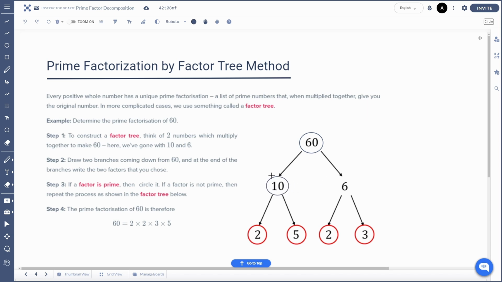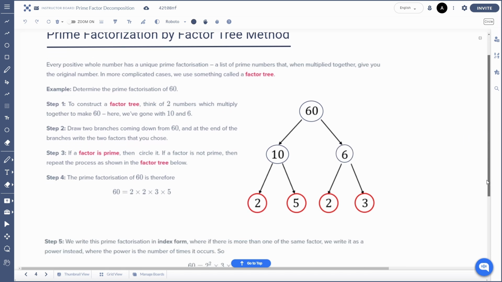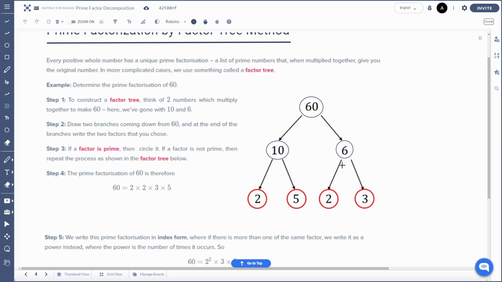So 10 can be further broken down as 2 times 5, as you know that 2 times 5 is 10. Now, 2 as well as 5 are both prime numbers, so we don't have to factorize them anymore. However, 6 is still not a prime number, so we have to break it again. You know that 6 is a product of 2 and 3.